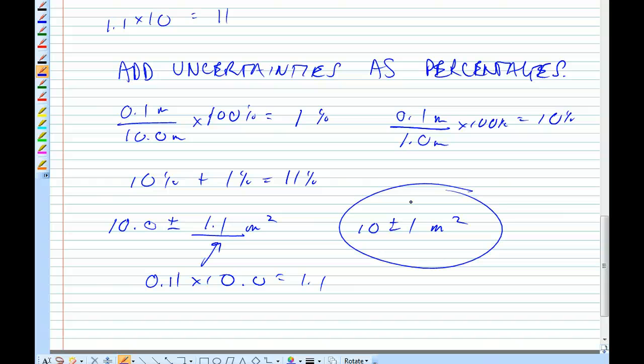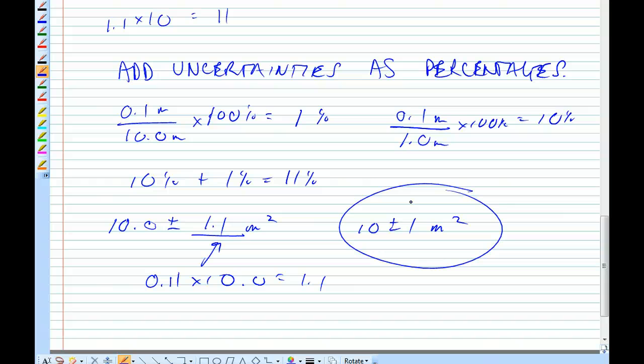Okay, good question. I did that because this plus or minus 1.1 tells me I'm not sure about the ones place. It tells me there's uncertainty in the ones place, okay? I'm sure about the tens place here, that it's over 10. Actually, I'm not sure it's over 10, could be 9. But I'm not sure about the ones place.